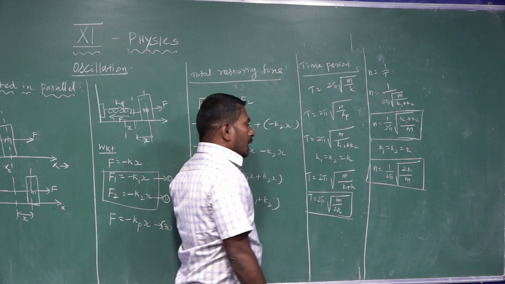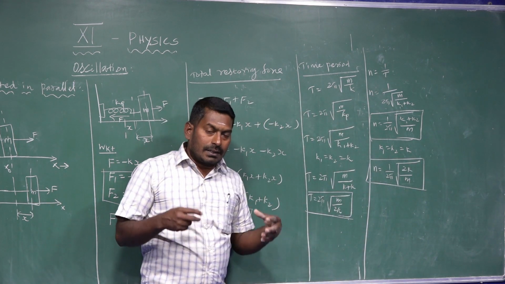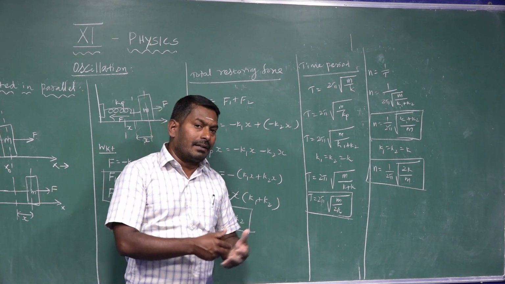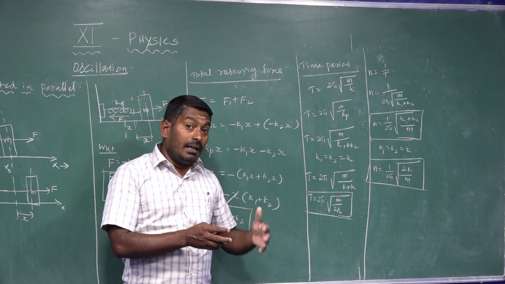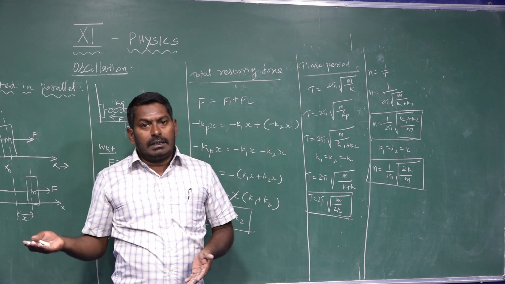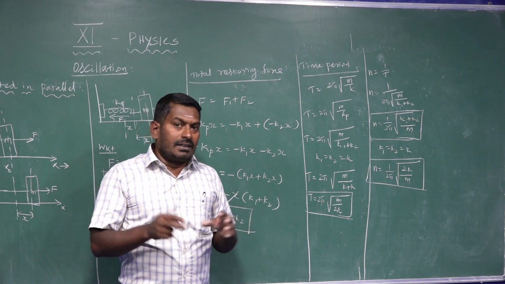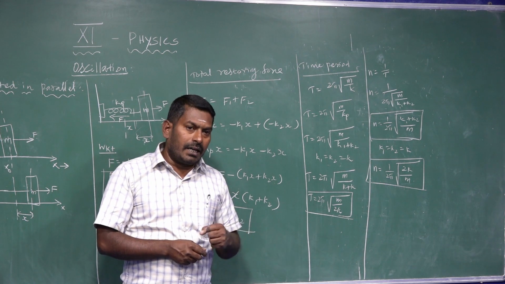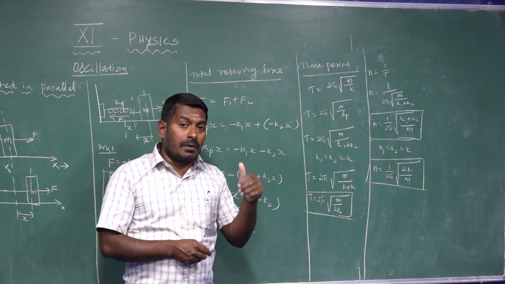So generally, if both springs are connected in parallel, the effective spring constant is greater than that of any individual spring constant. On the contrary, if both springs are connected in series, the effective spring constant is lesser than any individual spring constant.